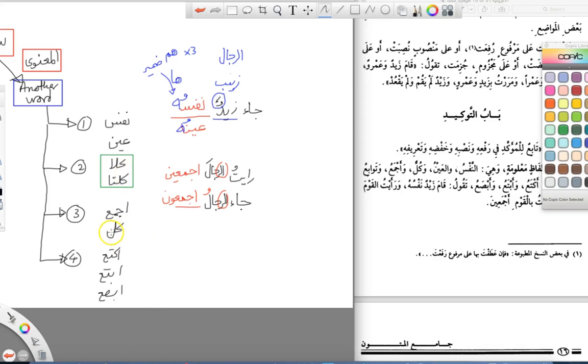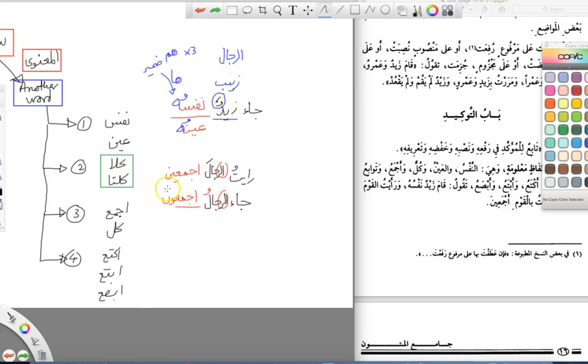So kul works similar to nafs. The only difference is that kul only has one form. Again, kul is used for something that has individuals, parts, bits to it. So in this same example, you would say جاء الرجال كلهم.